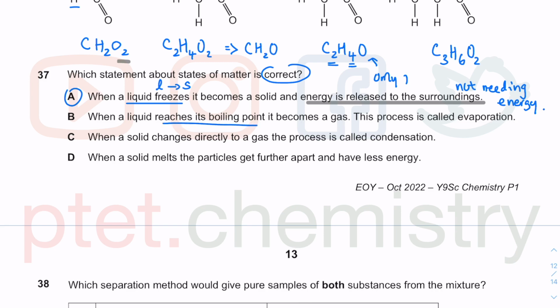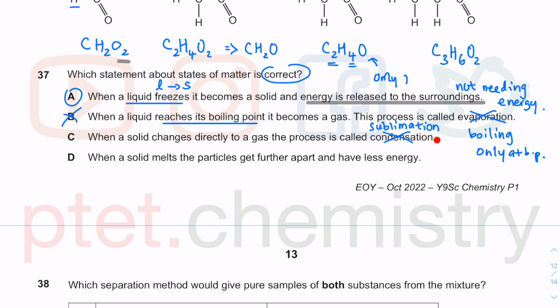When a liquid reaches its boiling point, you don't call that evaporation, you call it boiling, because evaporation can take place at any temperature. Boiling only happens at the boiling point. So B is wrong. When a solid changes directly to gas, you don't call it condensation, you call it sublimation. There are some substances that will sublime. Think about carbon dioxide as a solid.